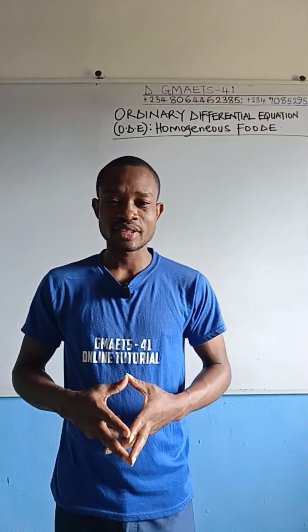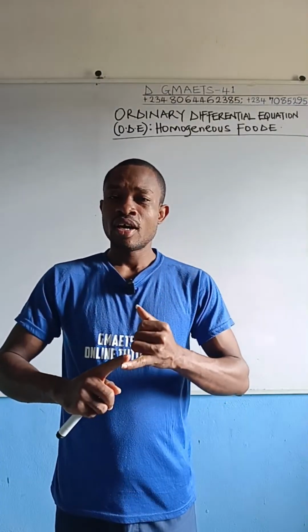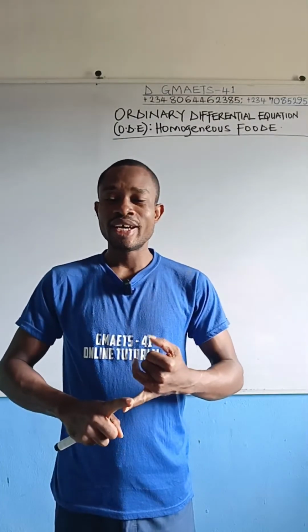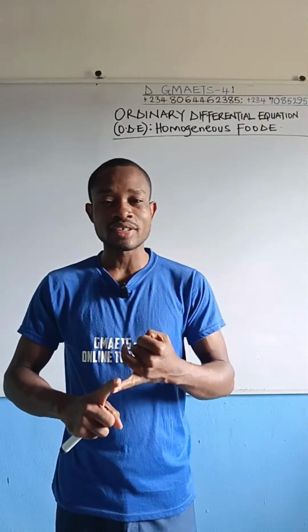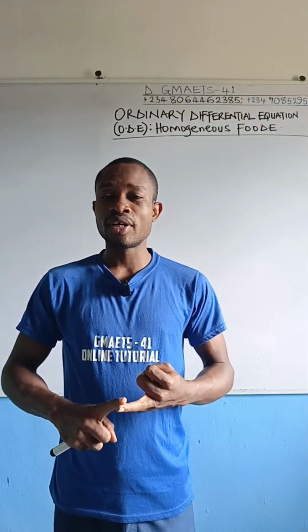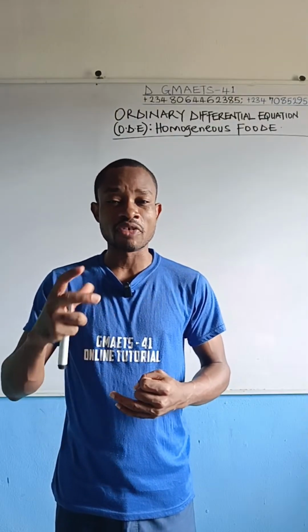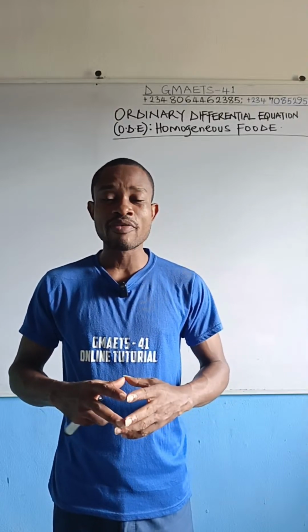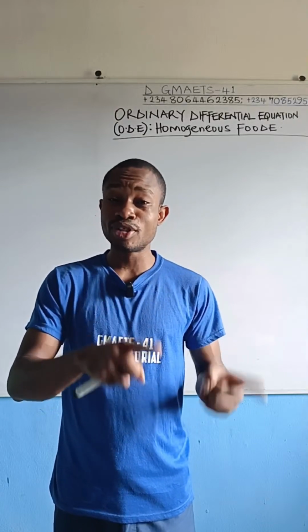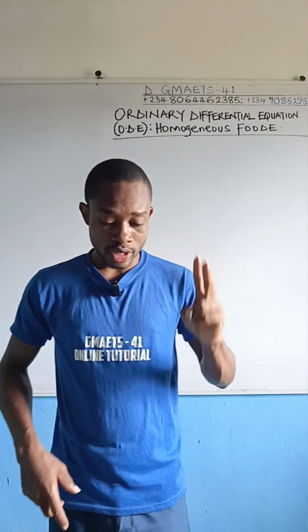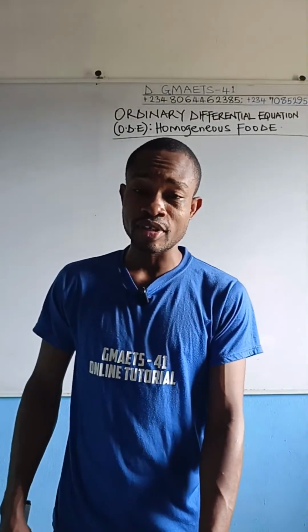You get that right? Let me take that once again. We are going to focus on one, how to identify a homogeneous first order ordinary differential equation, and then secondly, the transformation we use to reduce this homogeneous equation to a separable variable equation. So two key things that you're going to learn from this class today.